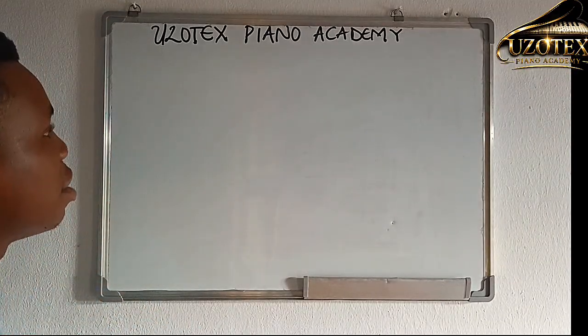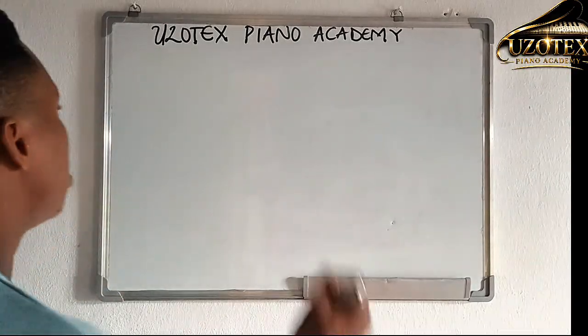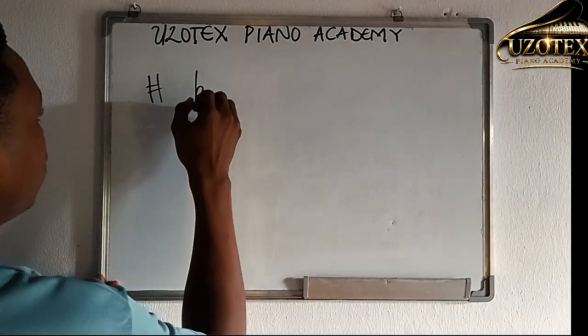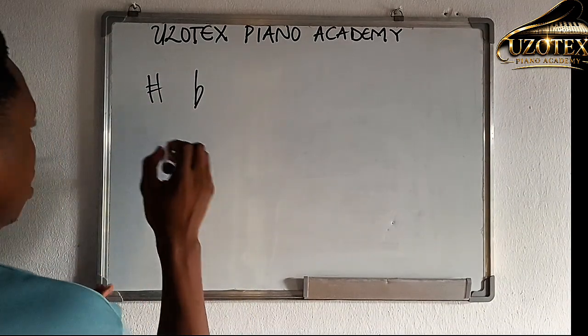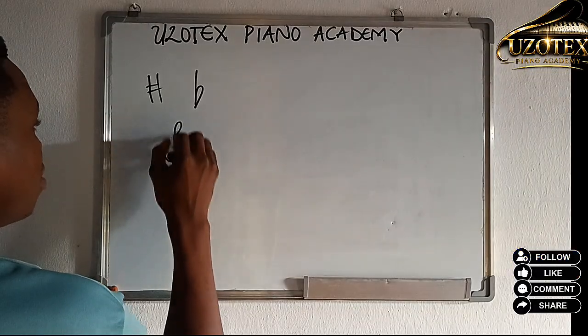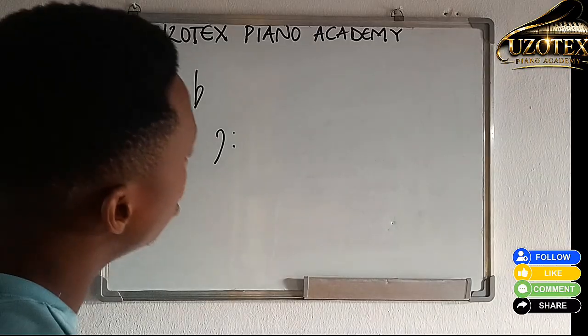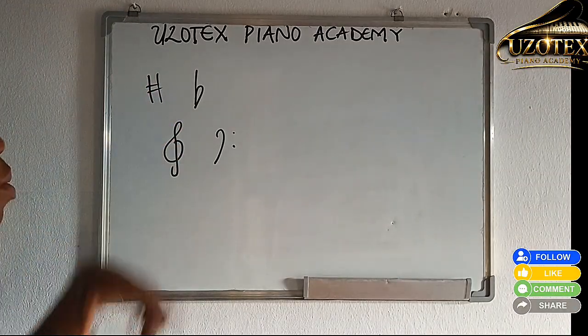So in today's class, we're going to be talking about the sharps, the flats, the treble clef, and the bass clef. Obviously we have seen these things in one way or the other.